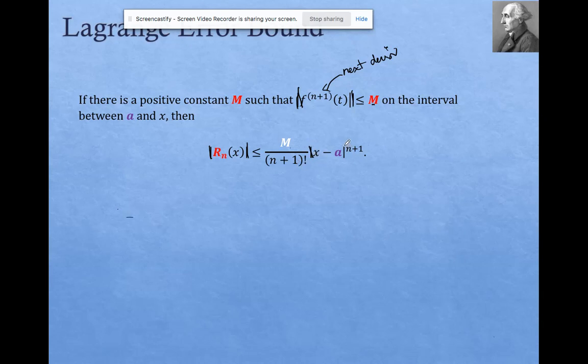And again, these are absolute value bars here because I don't care whether I go to the left or right of the center. Evaluated at the next derivative. The next power.